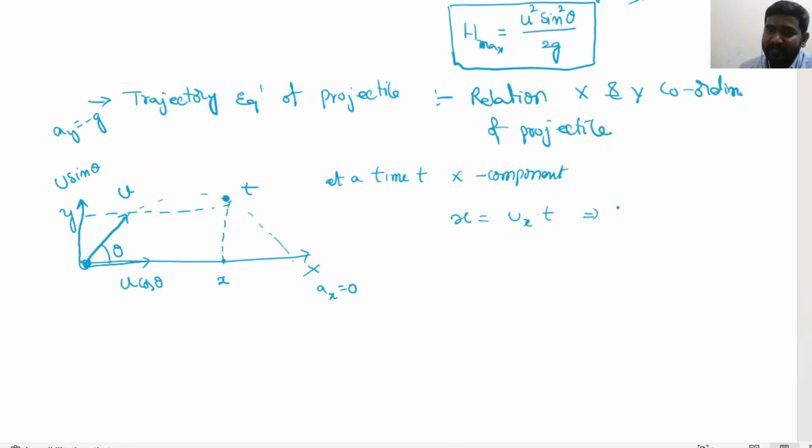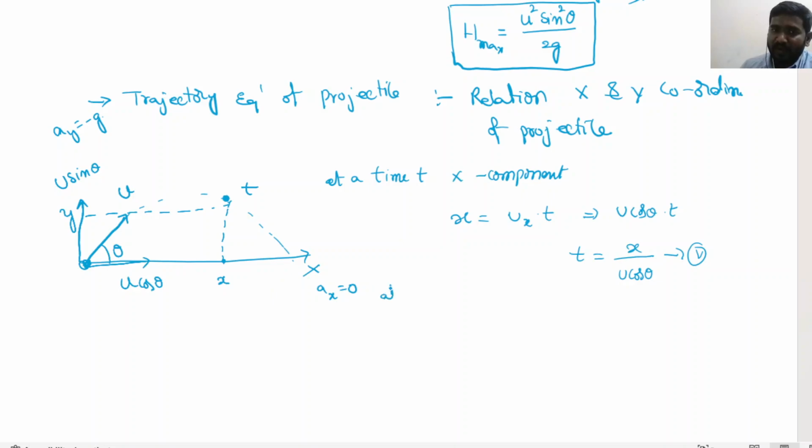Velocity along the x direction is u cos theta, so x equals u cos theta times t. From this equation, time t equals x divided by u cos theta. Why? Because we need to eliminate time. Therefore, this is equation number 1.